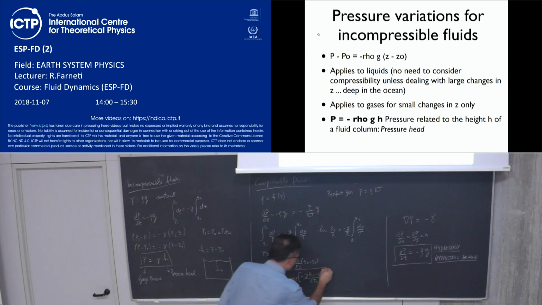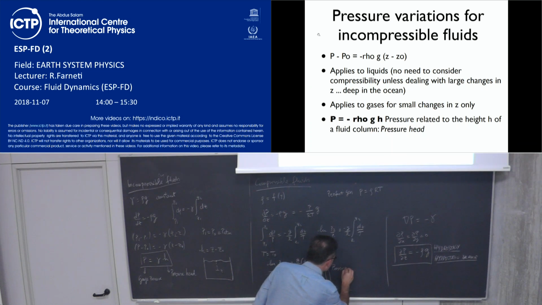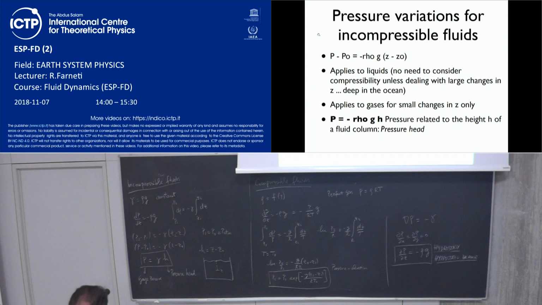And this is something again very useful, which is called the pressure elevation relationship for an isotherm.